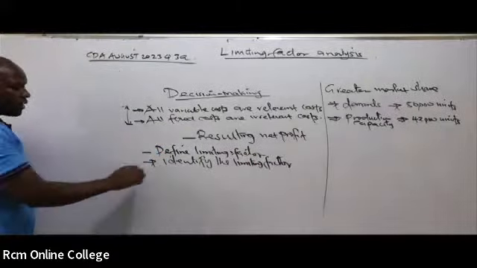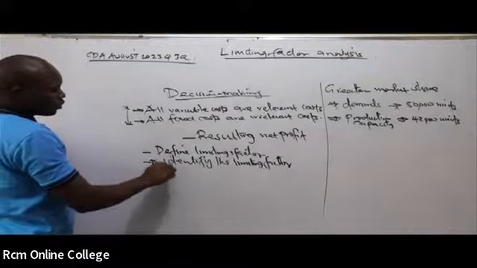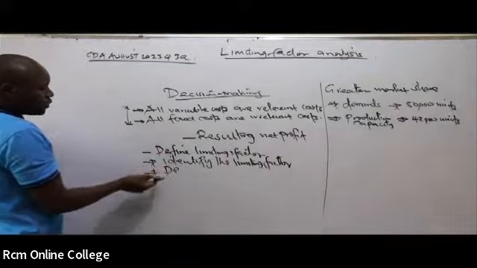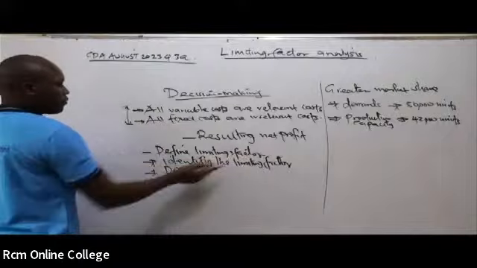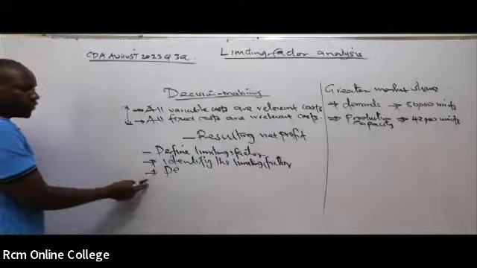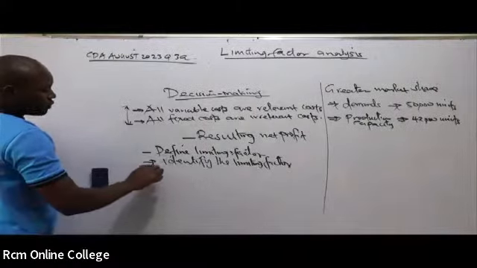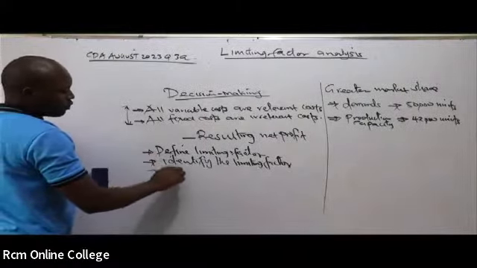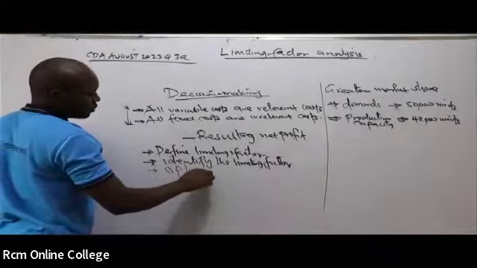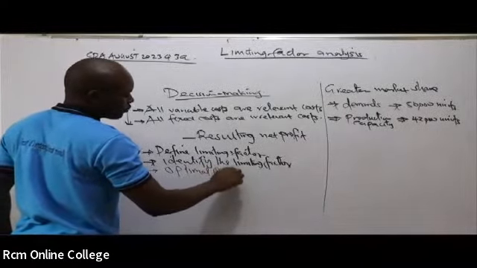Once you identify the limiting factor, then you will be able to give us what we call the deficit. Of course, the process of identifying the limiting factor will help us to get the deficit. So the next thing, we'll be told to give us the optimal production mix, right?